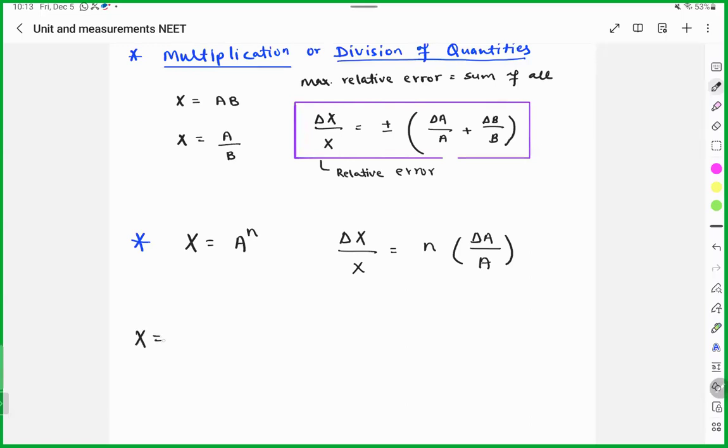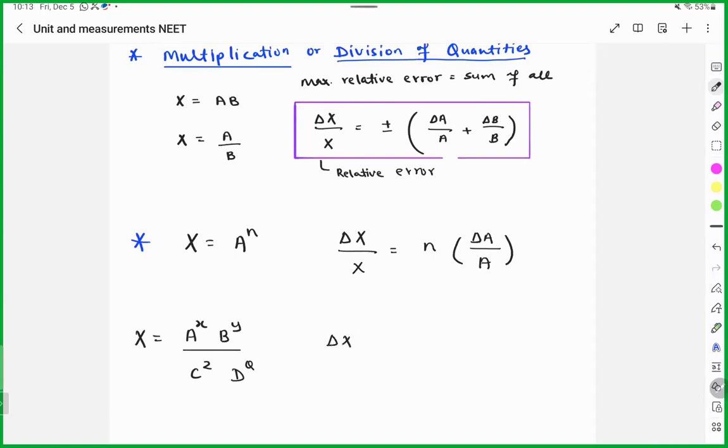If you have any power, whether it is in the numerator or denominator, you will always be adding. Example, if x is written as a raised to power x, b raised to power y, c raised to power z, d raised to power q, then it doesn't matter whether it is multiplication or division. We know relative errors are always added.